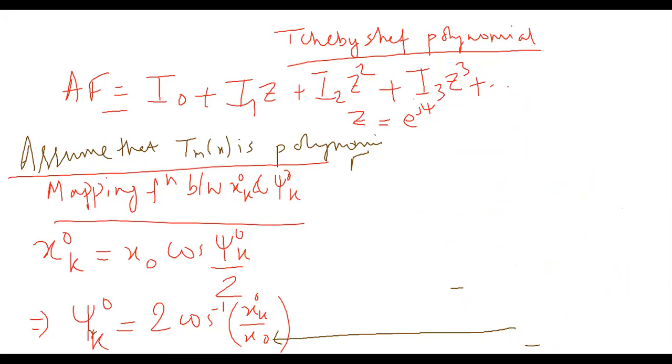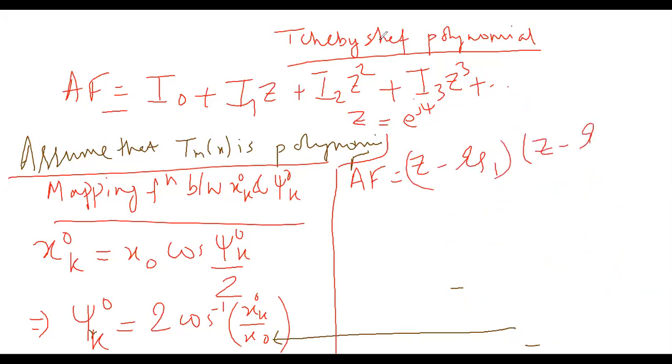See over here, the array factor. I'm talking about array factor now once again. So this same array factor can be written like this: z minus zeta 1, z minus zeta 2, dot dot dot. What is this zeta 1?